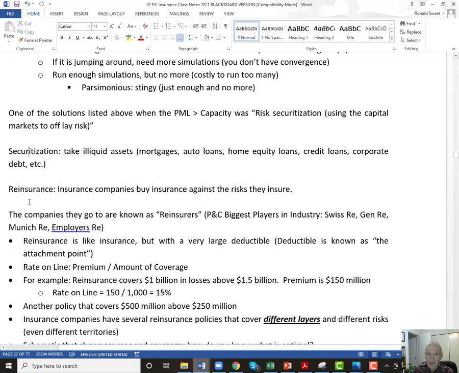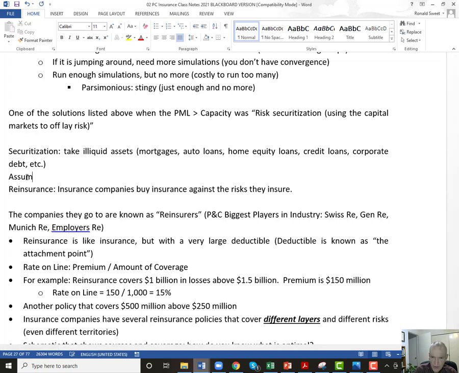But before we get into securitization, let's go back to the old traditional way insurance companies manage these risks, and that's reinsurance. So insurance companies buy insurance from other insurance companies against key risks. Now, on the life insurance side, almost everybody does reinsurance. So, UTSA will assume other people's risk and they'll cede their risk, and those are key terms.